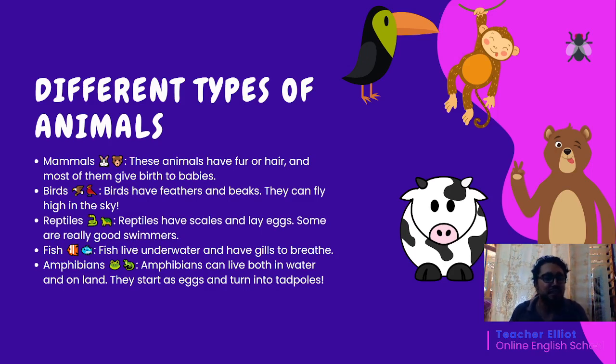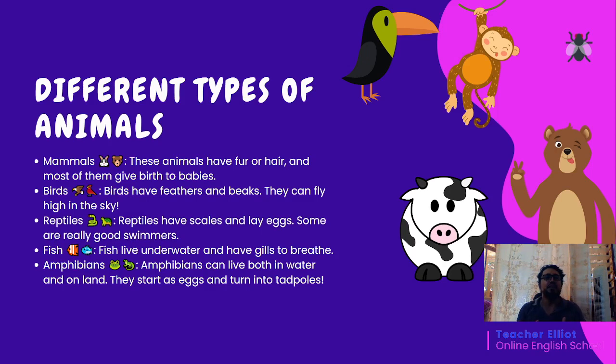The reptiles have scales and lay eggs. For example, we can identify some reptiles like the snake, the turtle, that walks very slow. Crocodile also is another reptile. The fish live underwater. If the water is here at the top, they live underwater.